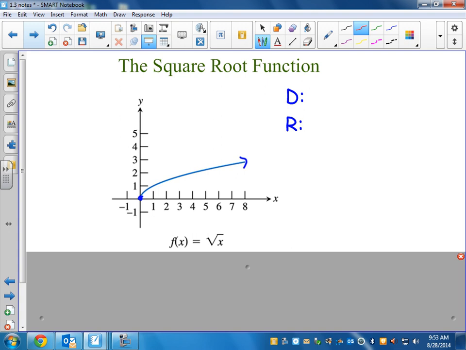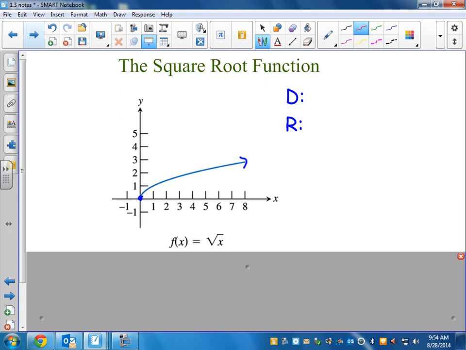The domain and range is always going to be restricted on a square root function because you can't have a negative under there. I guess there are exceptions to that, but we're just going to say for the most part it's restricted. If you have the graph, it's easy to see the domain, but also if you have the function, you can't have a negative under there, which means it's going to be an inequality domain. You can only have numbers that are greater than or equal to 0.